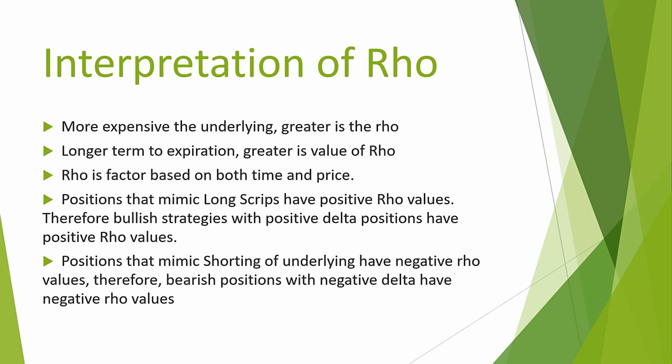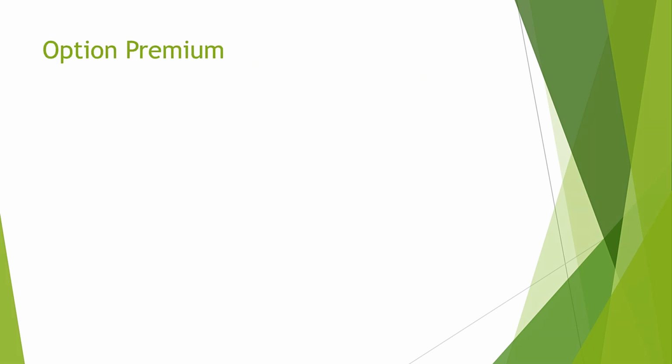That's all about rho. There is not much to discuss in it. We have completed discussion about understanding option Greeks. Out of these 5 Greeks, which Greeks have effect on intrinsic value and which of them have effect on extrinsic value? Can anyone tell?